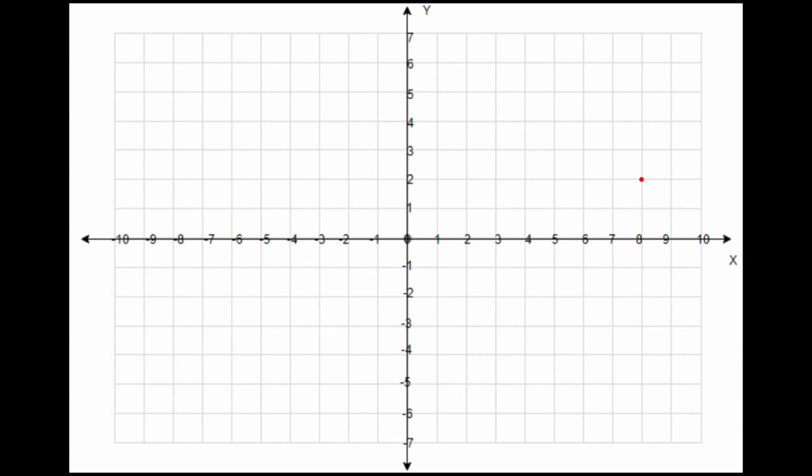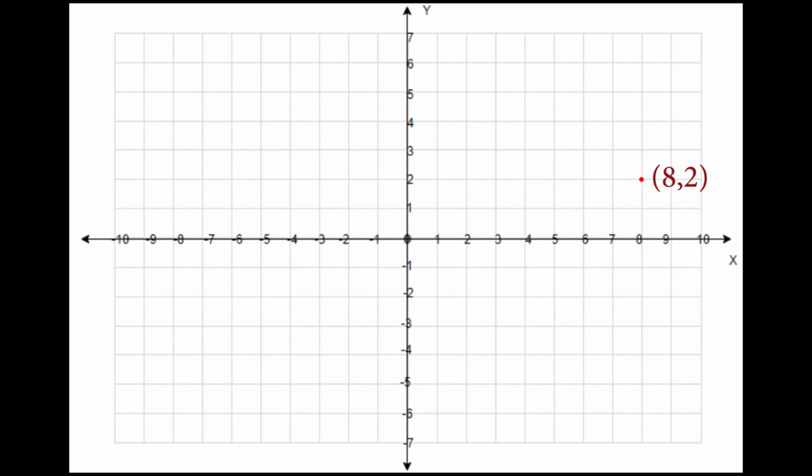Similarly, if we take another example, let's say this point that you are seeing on your screen. So in order to reach this point, we have to take 8 steps towards the x-axis and then 2 steps towards the y-axis. So this point will be 8, 2.